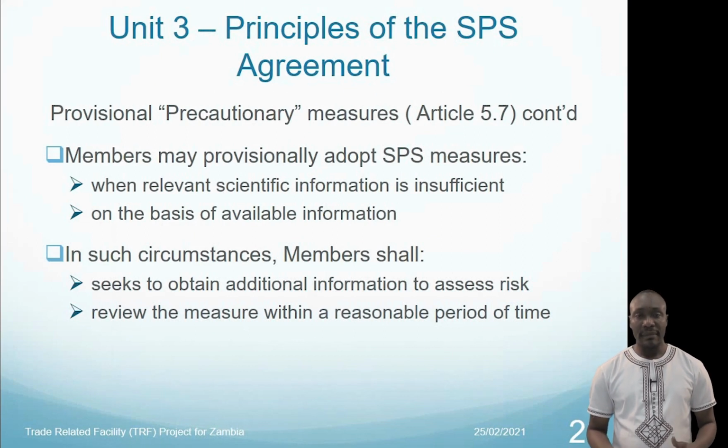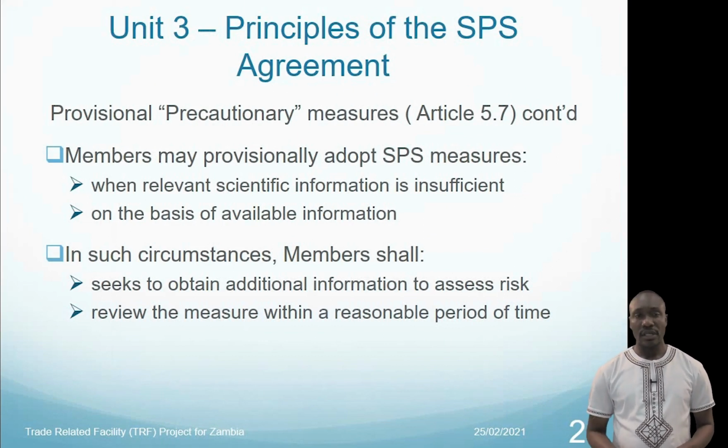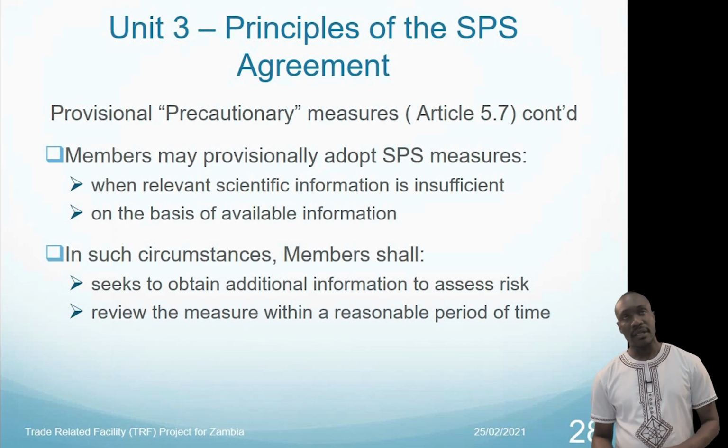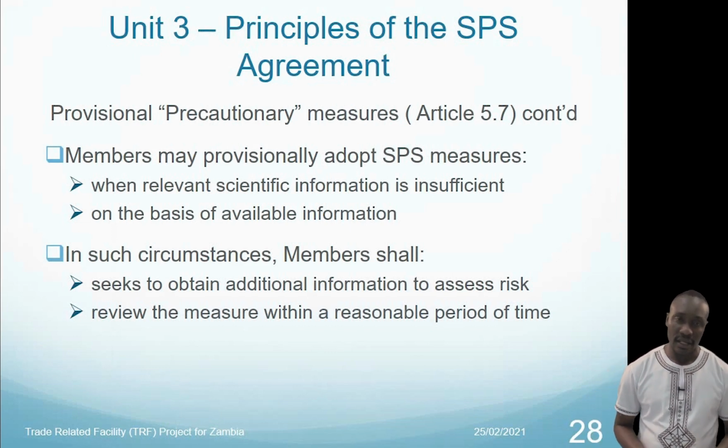Okay, so members may provisionally adopt the SPS measures when the relevant scientific information is insufficient, on the basis of available information. And usually, these precautionary measures are not cast for a long time. You want to review and check if there's any available information that has come to the fore, and you want to again just reassess your position.